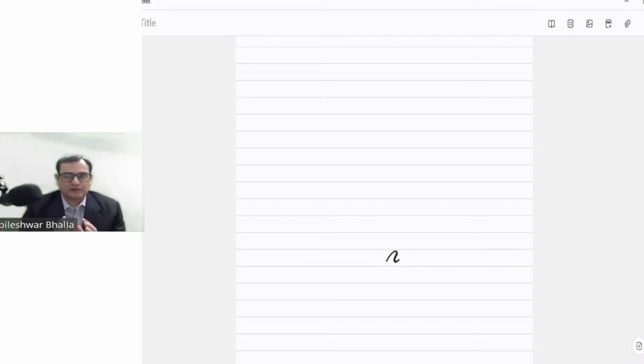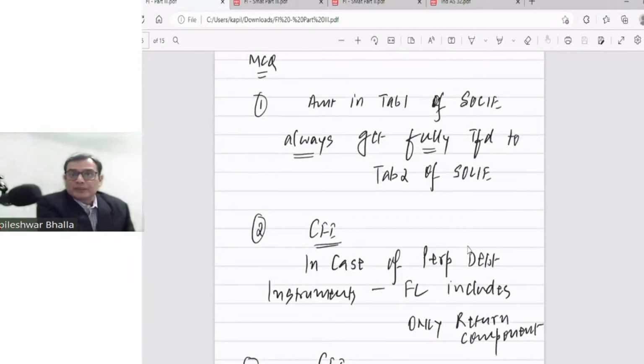So let's first of all start with the MCQs which I gave you in the previous session. Let me start with MCQ number 1. I said the amount in tab number 1 of SOCI always gets fully transferred to tab number 2 of SOCI.